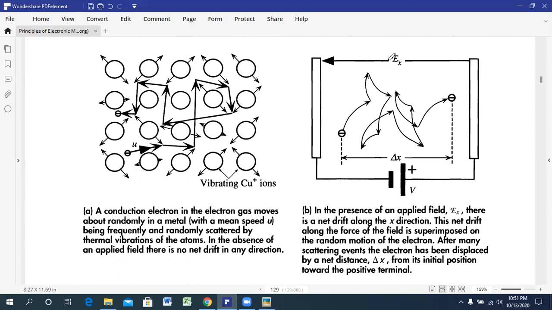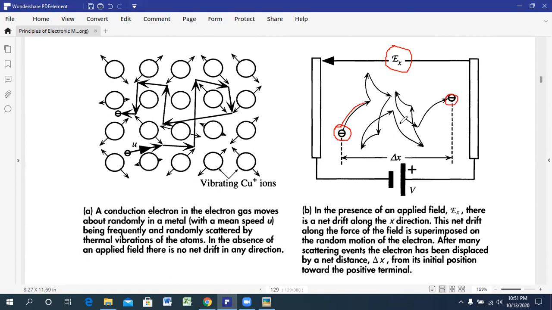Look, we are applying the electric field E of x, that means we are applying the voltage V. So the free charges from these positions experience a force, and they vibrate, come here, then move, and gradually the final position is here.